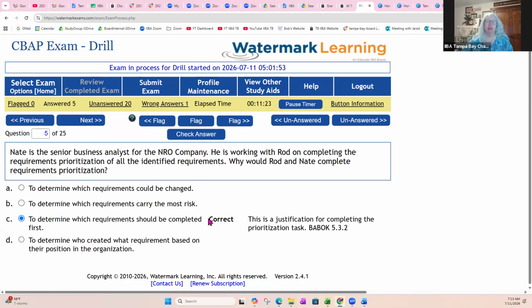And remember, prioritization is based upon what things are connected. I can't do this until I do these three things, so they have to be grouped. And then what things need to be in which iteration or which release. Sometimes there's an urgency with a requirement that may be based upon a regulatory or contractual obligation.